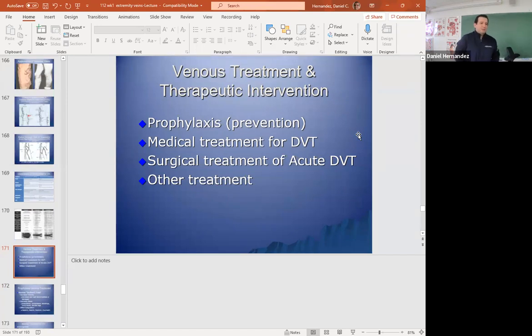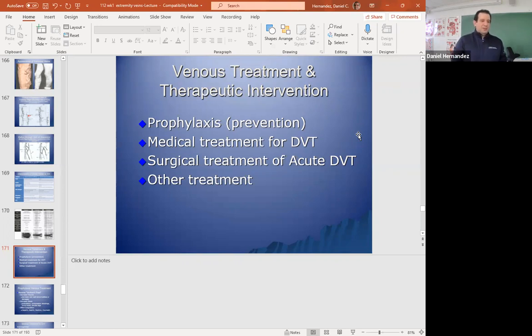So when we talk about venous treatments and therapeutic interventions, we're going to talk first about treatment of deep vein thrombosis. We can administer medications prophylactically, meaning as a preventative measure.